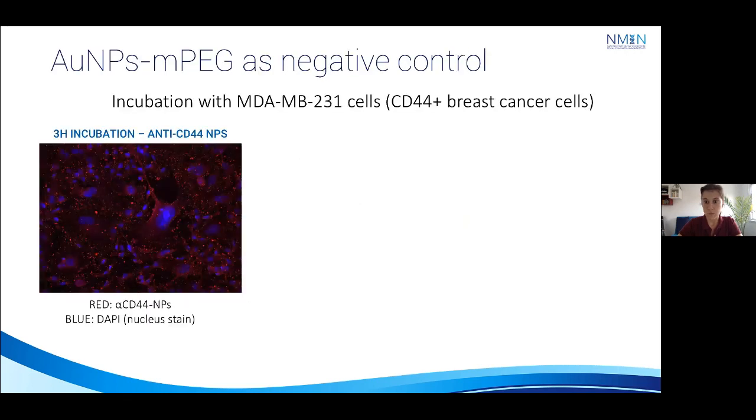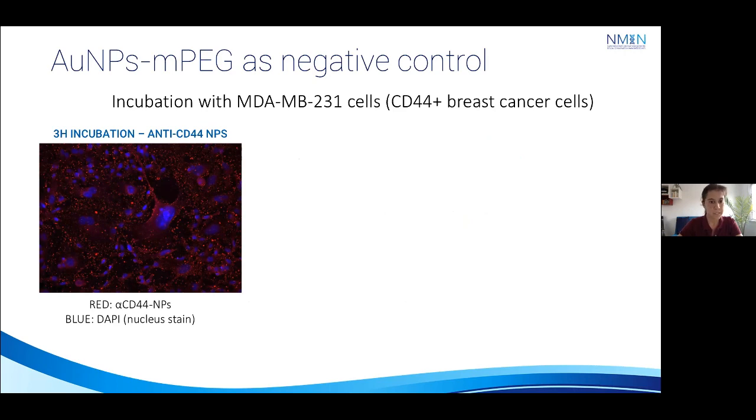So for instance, to show the specificity of the nanoparticles, we can compare the attachment of anti-CD44 nanoparticles on MDA-MB-231 cells that are CD44 positive breast cancer cells. Here you can see on this image, the red dots that appear are all nanoparticles.